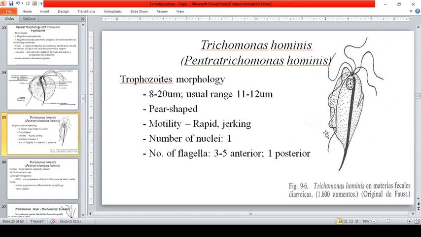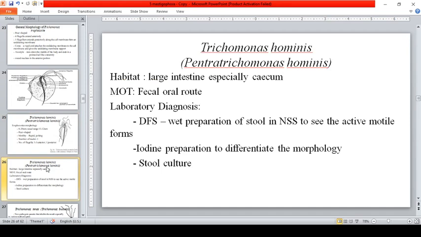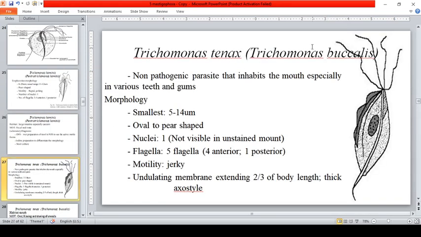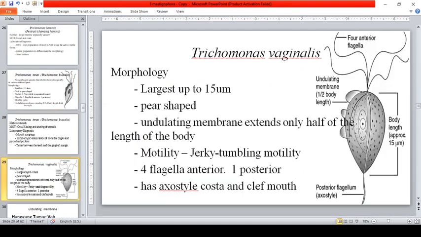So, siya yung may pinakamahabang undulating membrane, si hominis. Followed by the tenax, kasi hanggang 2/3 of the body length. And pinakamaliit yung undulating membrane ni Trichomonas vaginalis, even if siya yung pinakamalaki sa kanila. Okay? So, kahit siya yung pinakamalaki, pero siya naman yung may pinakamaliit na undulating membrane.